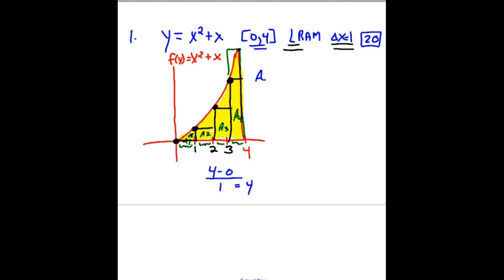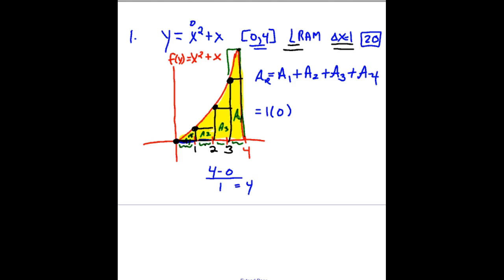My area of the entire region will be the area of rectangle 1 plus area of rectangle 2, area of rectangle 3, area of rectangle 4. Each rectangle has a base of 1, or a delta x of 1. So this is going to be 1 times the height of that first rectangle, which is 0, because f of 0 is 0.